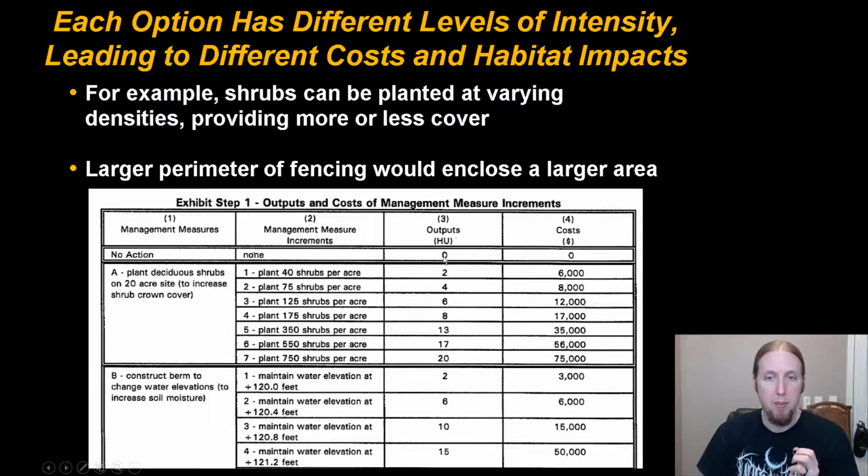So we have the number of habitat units and the cost associated with different intensities of different types of projects. So here for A, these are just planting different numbers of shrubs per acre. For B, we have constructing the berm and raising the water table to different levels, and so on.